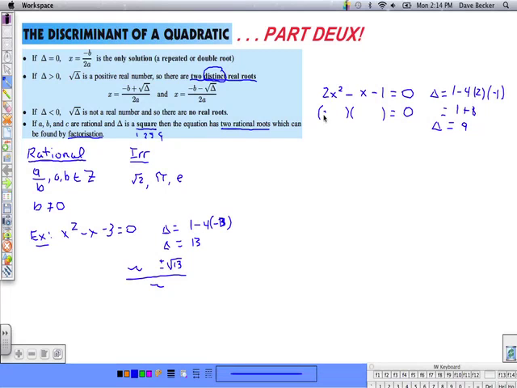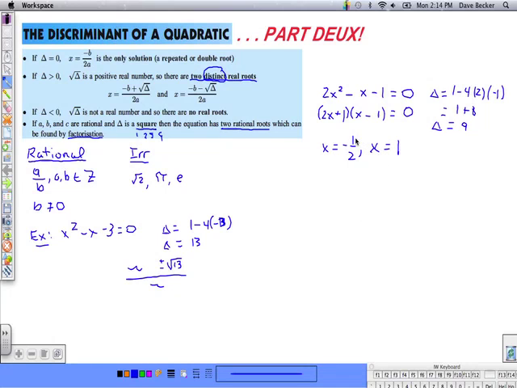Okay, so this factors easily: 2x and x, we're going to have 1, 1, and the only question is what's plus and what's minus, and it turns out that this is plus, this is minus, and so just looking real quick, we get x equal to negative 1/2 or x equal to 1.